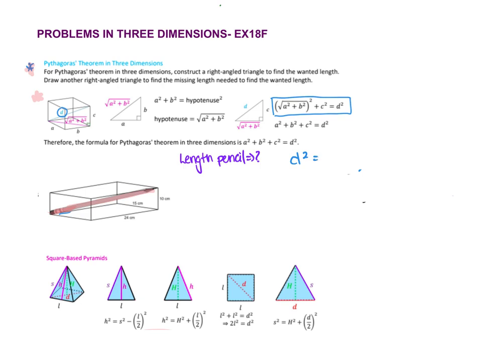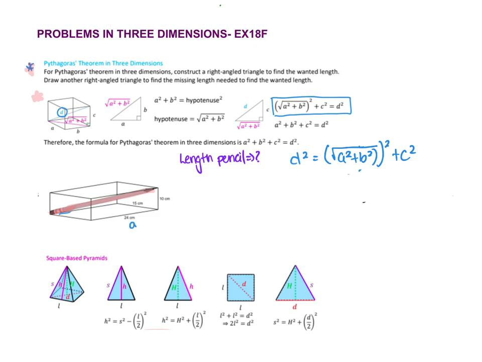So D squared equals, and I'll just write the rest the way you see it. They've got the rest of that formula there, which is A squared plus B squared plus C squared. Look over here on your diagram and you might want to label it.